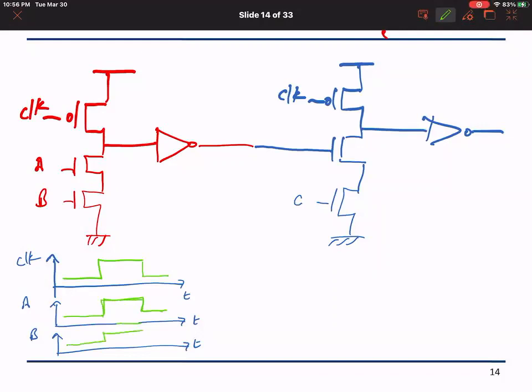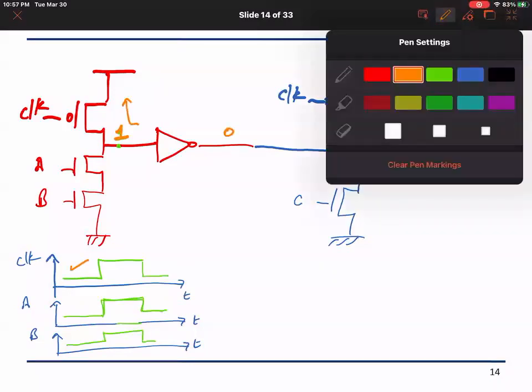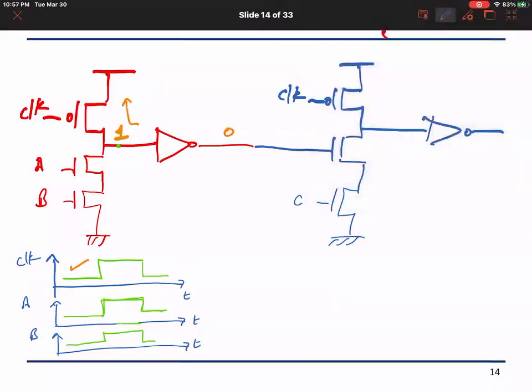So A and B will be high. Initially this will be 1, Y will be 1 when the clock is low, and the inputs are 0, 0, so there is no contention, so this will be pulled up to 1, this will be 0. And now the clock turns on, and so the PMOS path turns off.